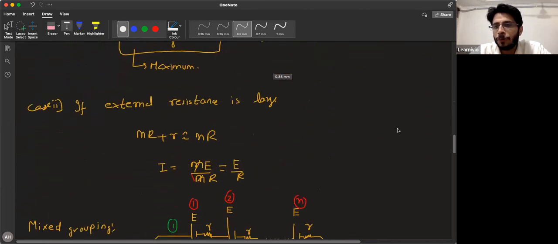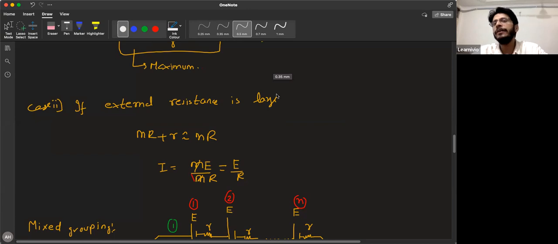And when we prefer mixed grouping? When current is maximum.